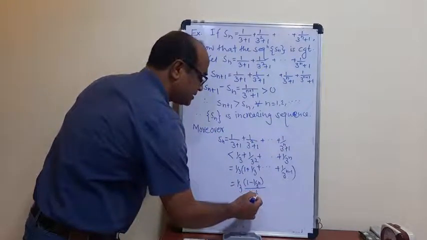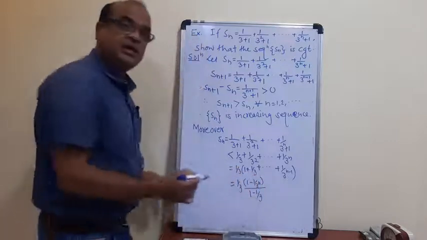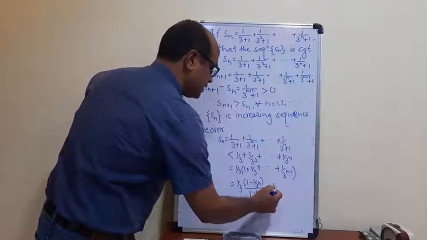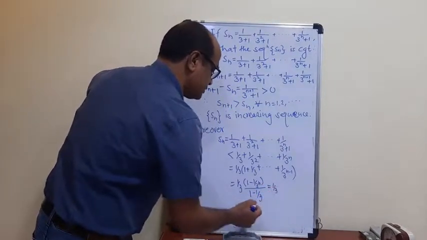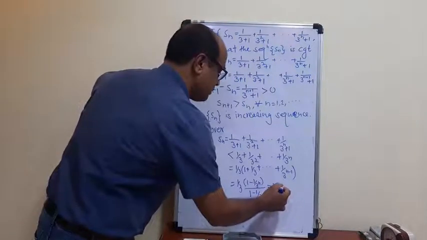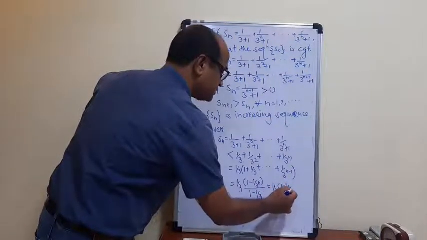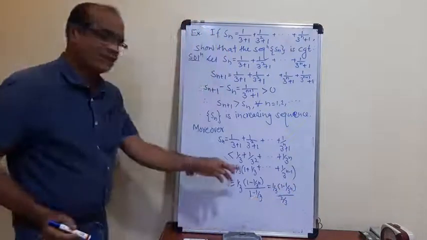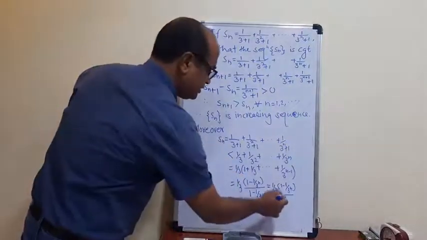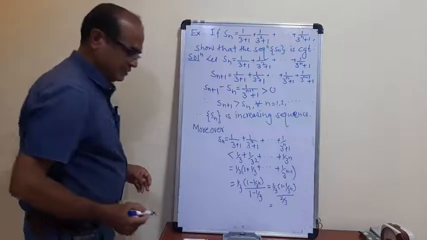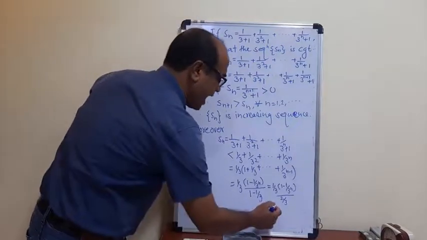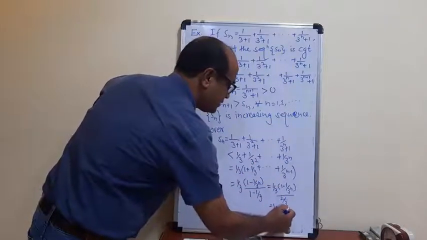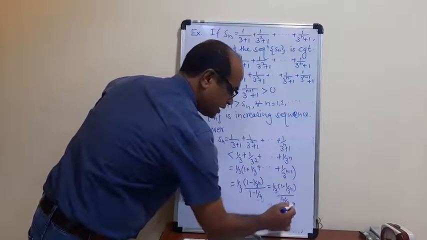That is 1 minus 1 upon 3 raised to n divided by 1 minus 1 upon 3, which is 2/3. The 3 gets cancelled, so this is 1/2 into 1 minus 1 upon 3 raised to n.